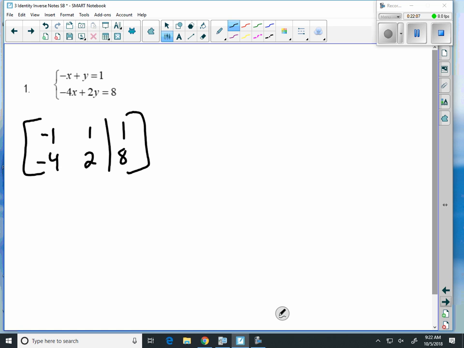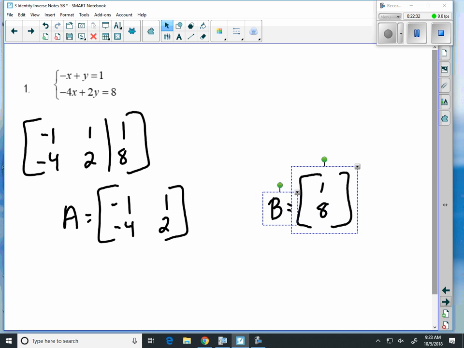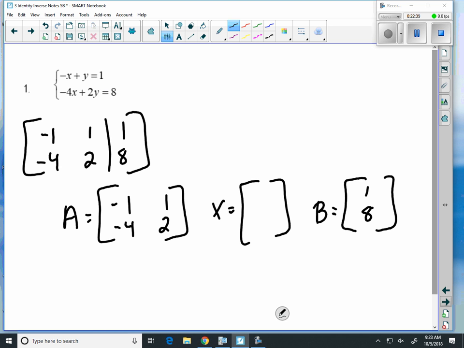Okay, and we're going to go ahead and pick out our matrix A and our matrix B. Remind me, where do I get matrix A from? The left-hand side. And then B, the right-hand side. What's going to be included in matrix X this time?